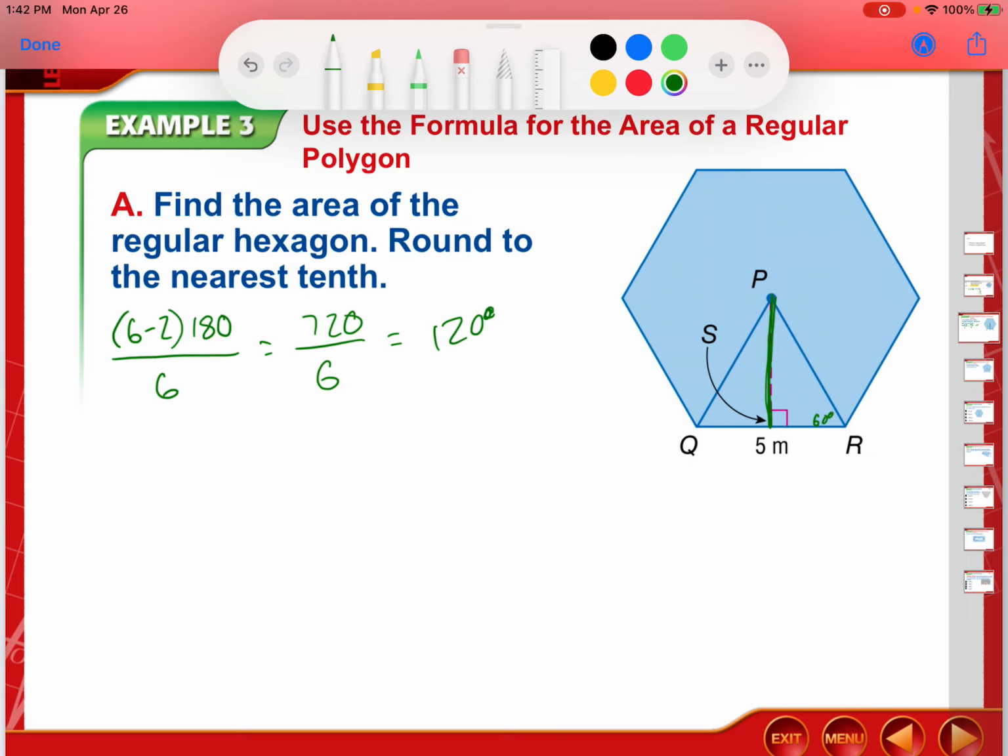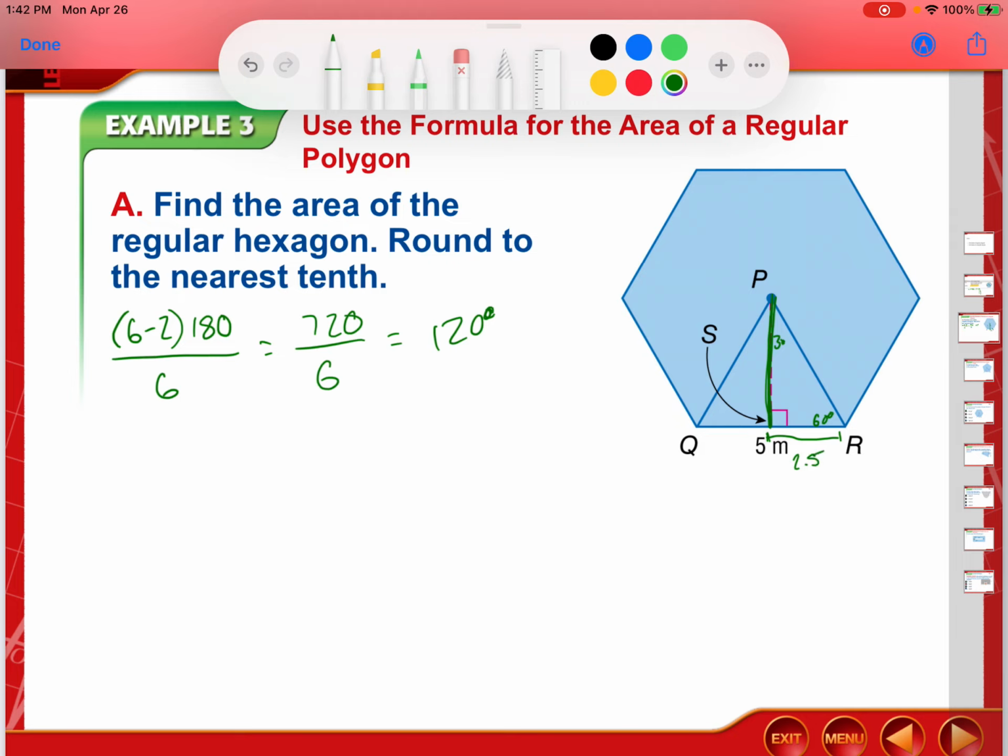Now, I know if I have a 60-degree and a 90-degree, then the remaining angle is a 30-degree angle. And fortunately, or unfortunately, depending on your point of view, I know there are special rules for 30-60-90 triangles. So this bottom side here is going to be half of 5, so it's going to be 2.5.